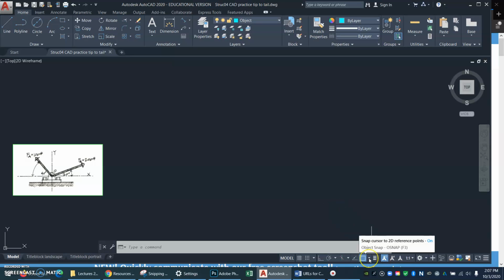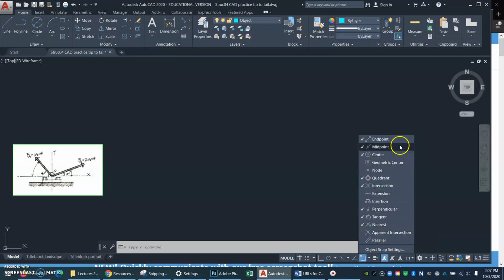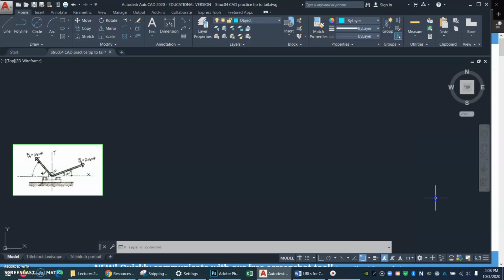First, let's check our Osnap settings. We really want as many Osnaps available as we can have. Endpoint is especially useful. Perpendicular, intersection, nearest, those are all good. So we want to have all those Osnaps turned on. That's my suggestion.